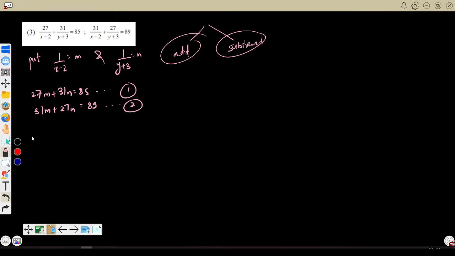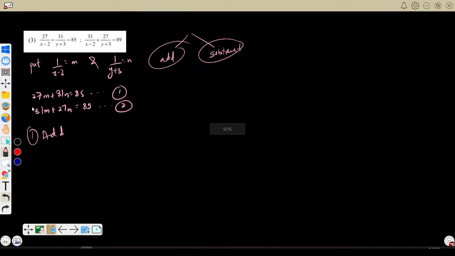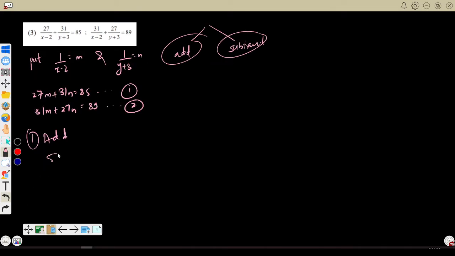So just look at this. In the first place, I will add the equations. 27 plus 31 gives the value 58m, plus 31 plus 27 gives 58n, is equal to 85 plus 89, which is 174.